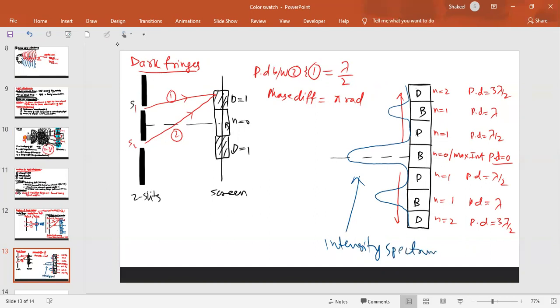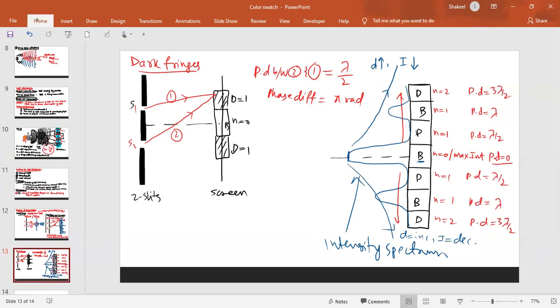The high peak shows that the central fringe is brightest. And as you move away, as distance increases, intensity decreases. And the same is over here: as distance increases from the center, the intensity decreases.